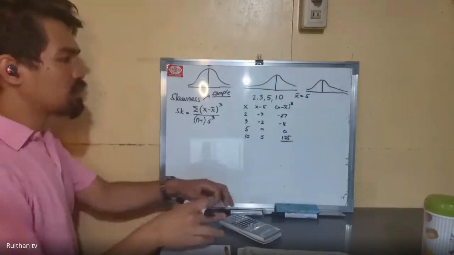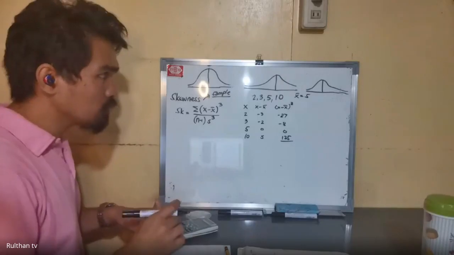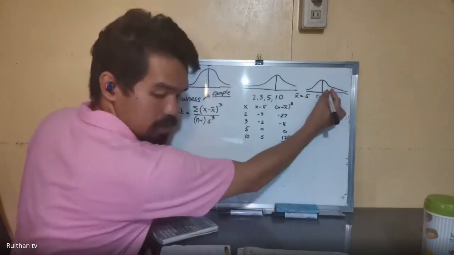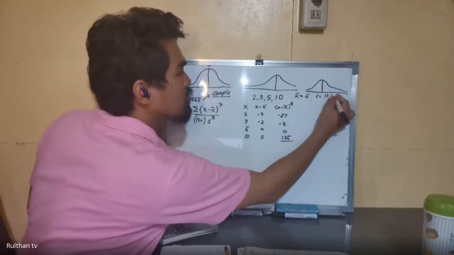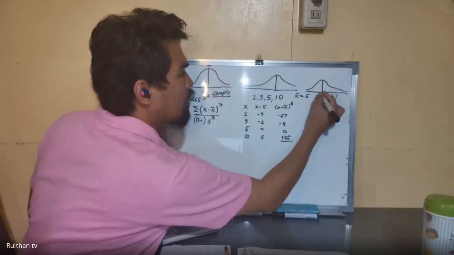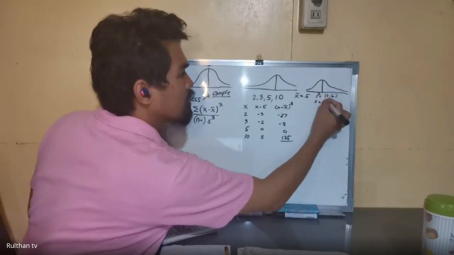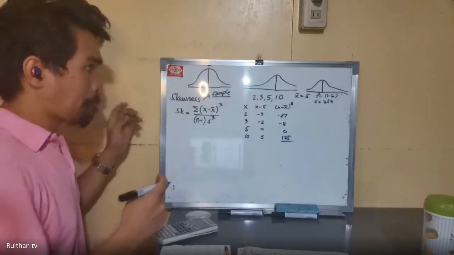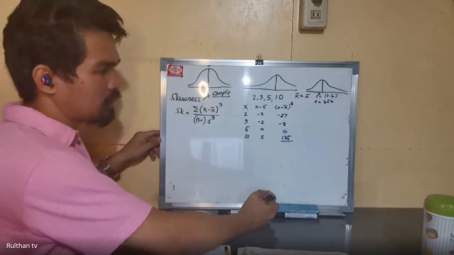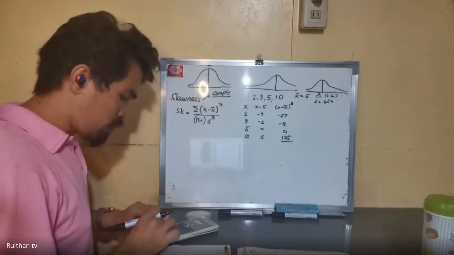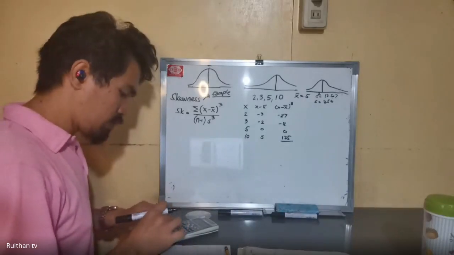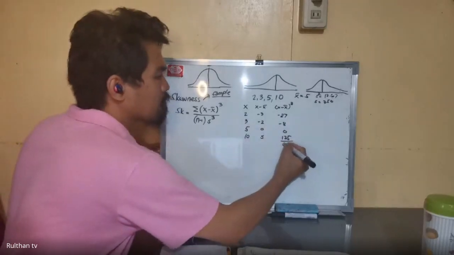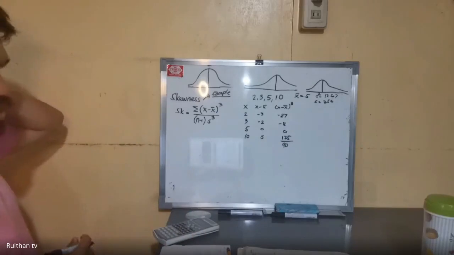Okay, let's get the summation of that column. Our S here, what was our S? S squared is 12.67, our S is 3.56. That is 125 minus 27 minus 8, that's 90. Okay, so let us now solve the skewness.